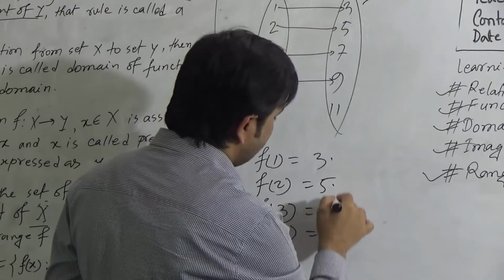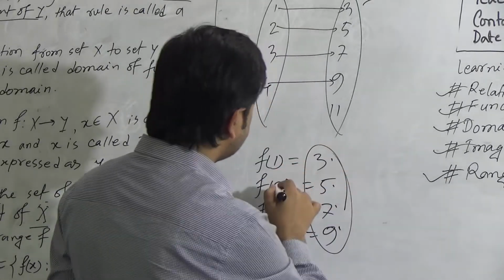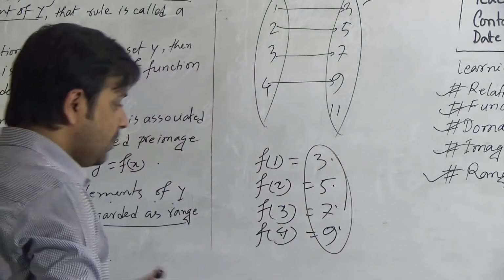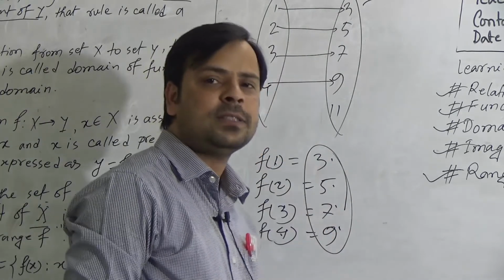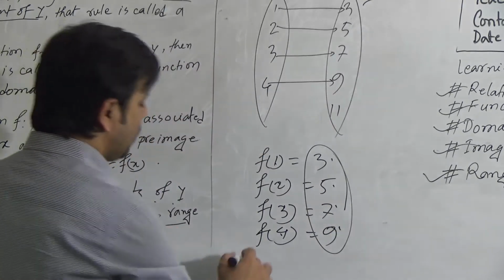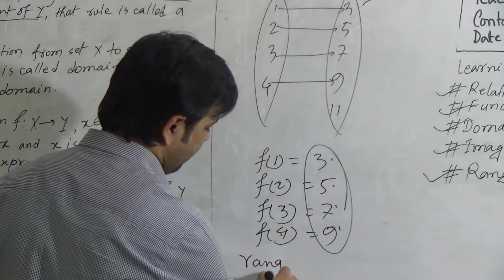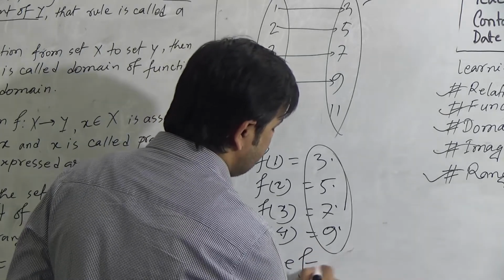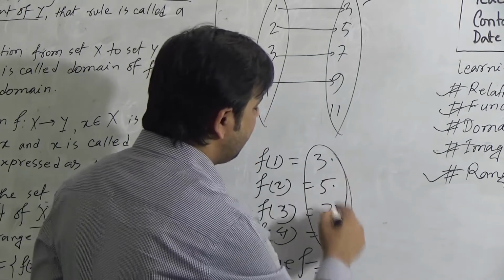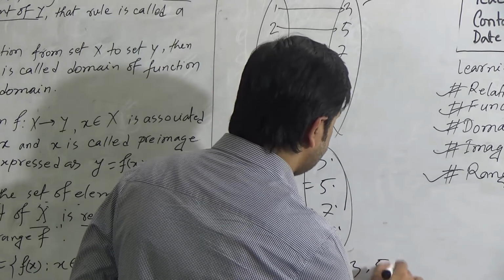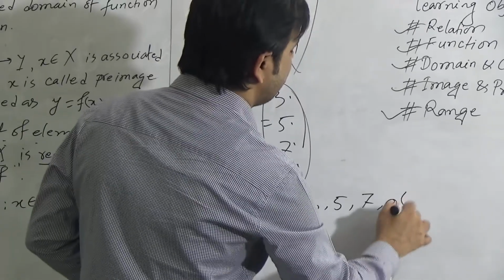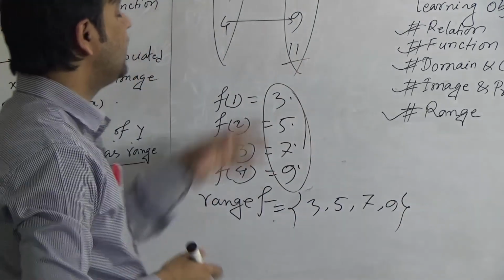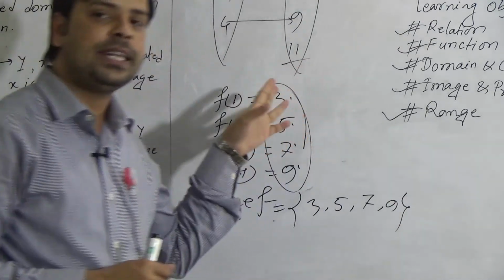So these 3, 5, 7, 9 are the images of 1, 2, 3 and 4, and the set formed by these images is known as the range of f. So we can write range f. The range f will be the set of all the images 3, 5, 7, 9, which will not contain 11, as 11 is not an image here.